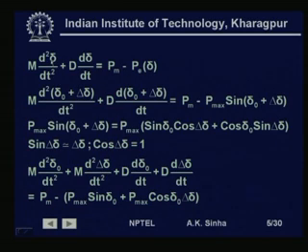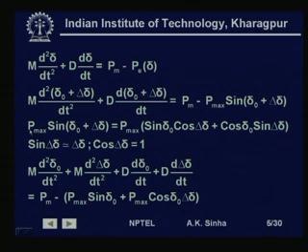So, replacing this delta by delta 0 plus delta delta in this expression, we get M d2 (delta 0 plus delta delta) by dt2 plus D d (delta 0 plus delta delta) by dt is equal to Pm minus Pmax sine (delta 0 plus delta delta), that is we have replaced all delta by delta 0 plus delta delta.